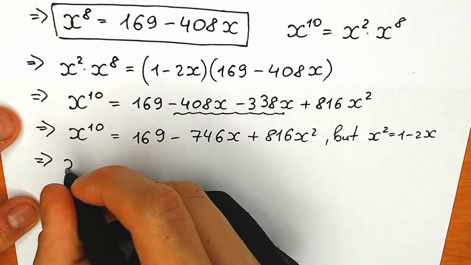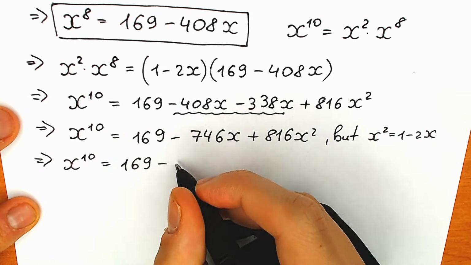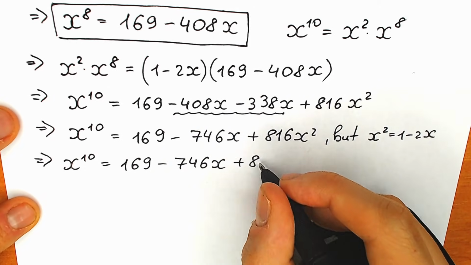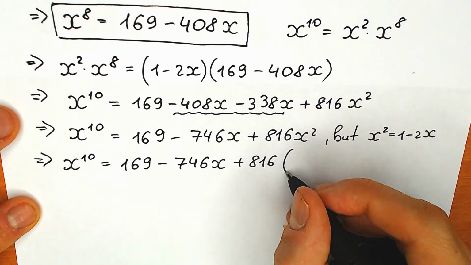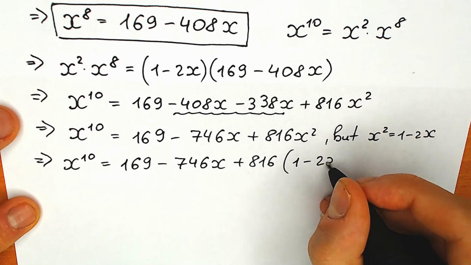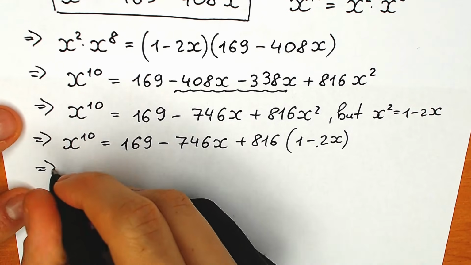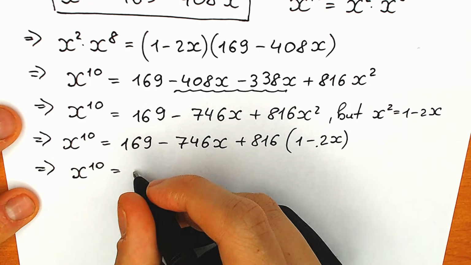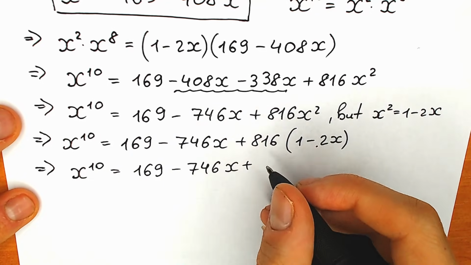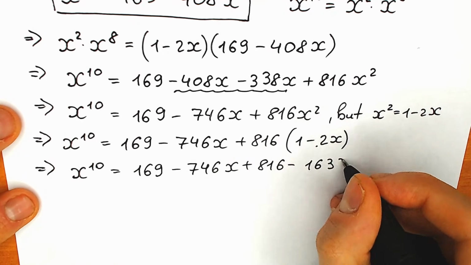As a result, we have x to the power 10 equal to 169, the same beginning, minus 746x plus 816 times (1 minus 2x). Okay, so let's multiply 816 by this parenthesis. We have x to the power 10 equal to 169 minus 746x plus 816 minus 1632x.